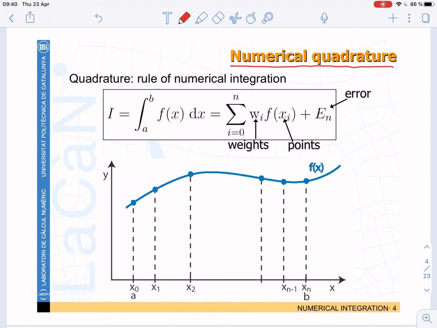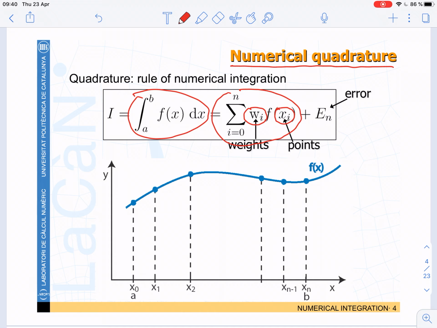The idea is the following. We will approximate the integral by means of a sum of function f evaluated at some points xi with weights wi.